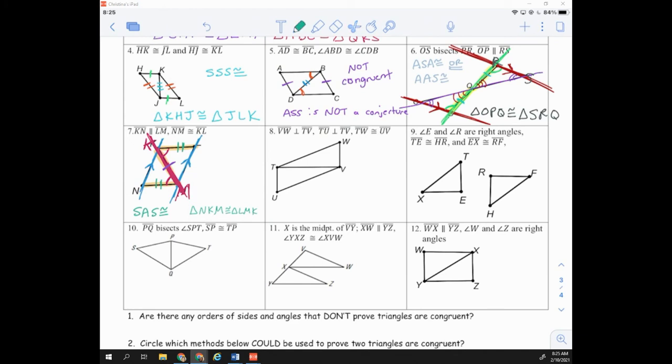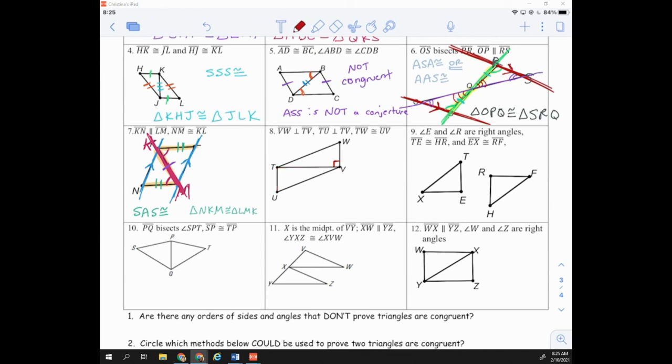All right, for number 8, VW is perpendicular to TV. So that tells me that there's a right angle right here. TU is perpendicular to TV.